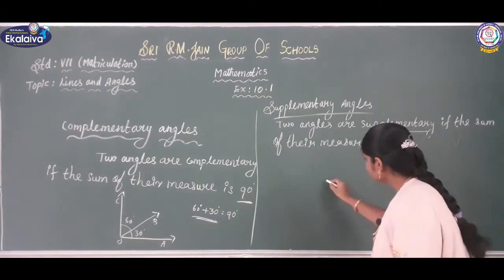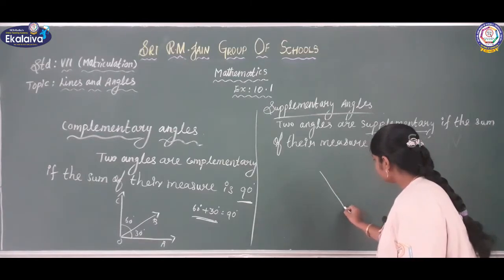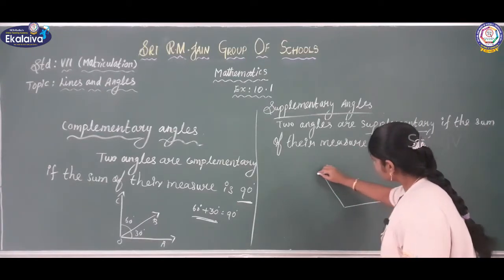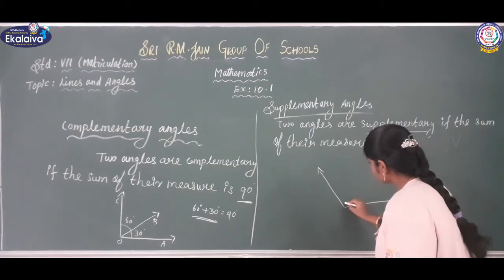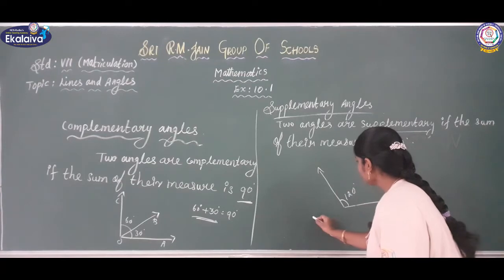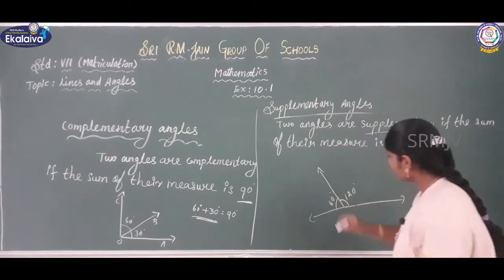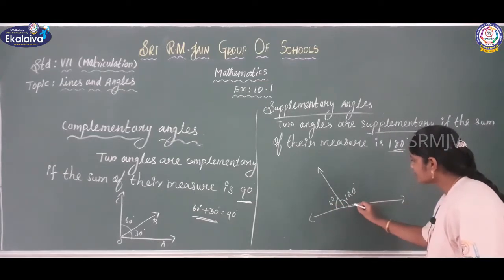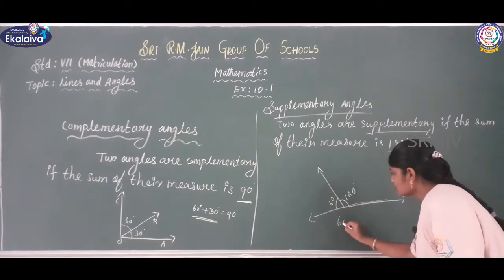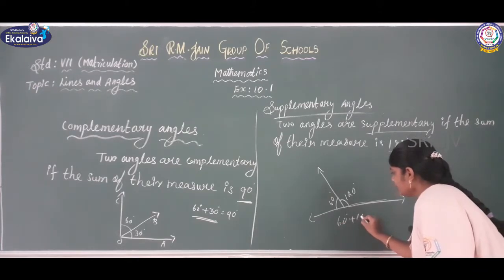Okay. Listen here. And here one more angle is there. This is 60 degrees. Now you should add this. What are you getting, children? 60 plus 120 degrees.